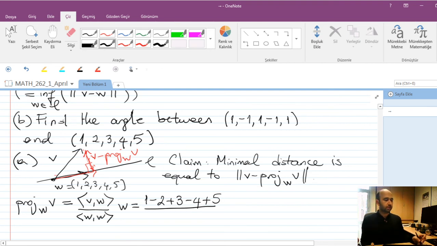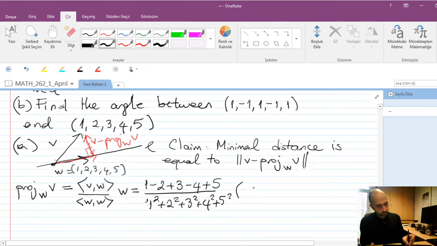Now you divide by W·W, then it's going to be 1 squared plus 2 squared, 3 squared, 4 squared, 5 squared. And then you write the vector W itself. So the result is going to be a vector, right?